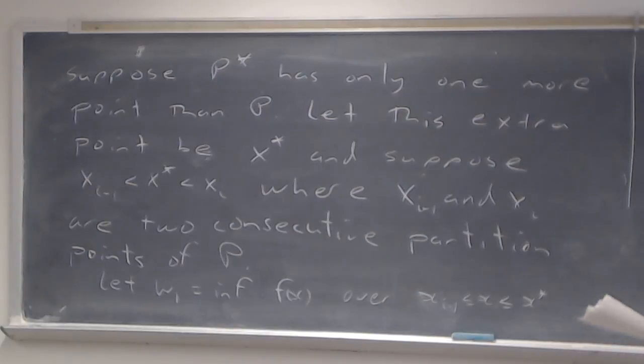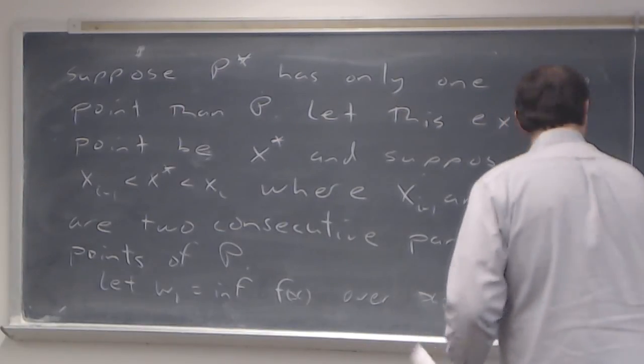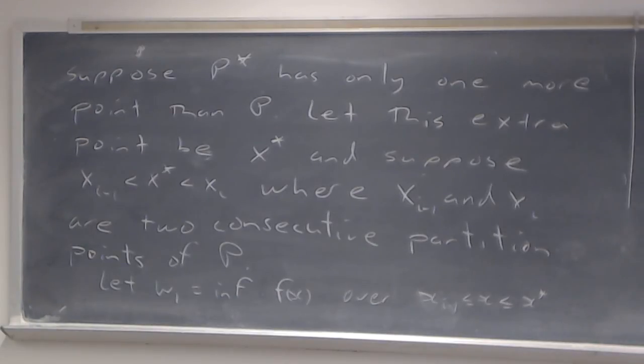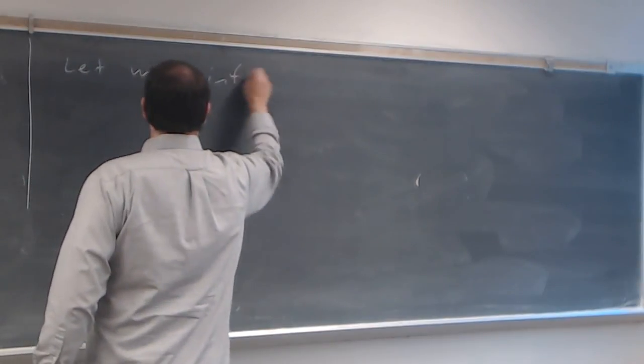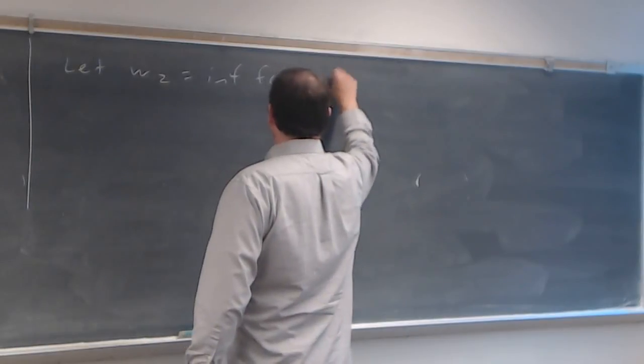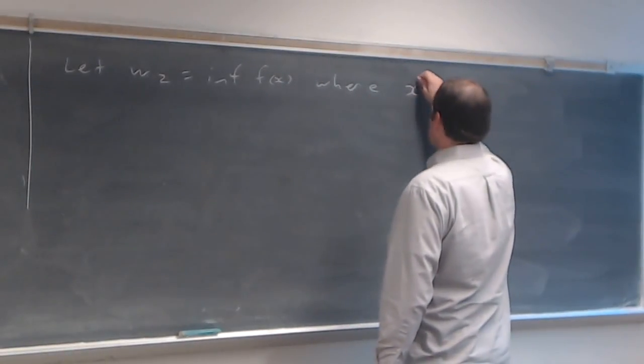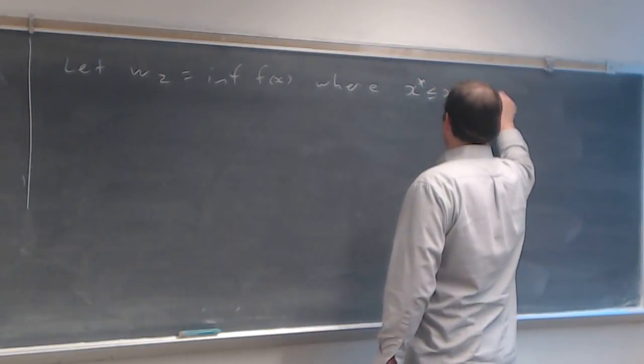That's w sub 1. Then we'll let w sub 2 be the infimum of f of x where x star is less than or equal to x is less than or equal to x sub i.